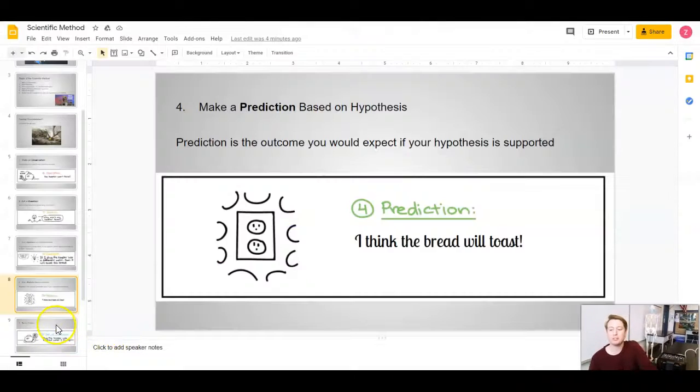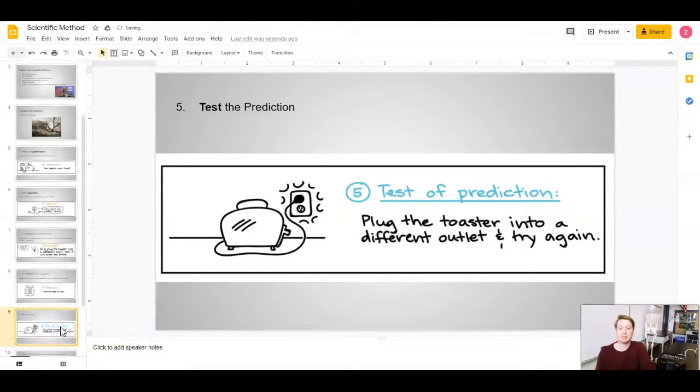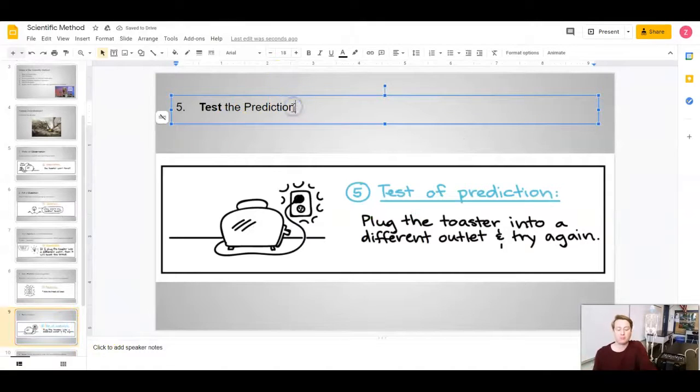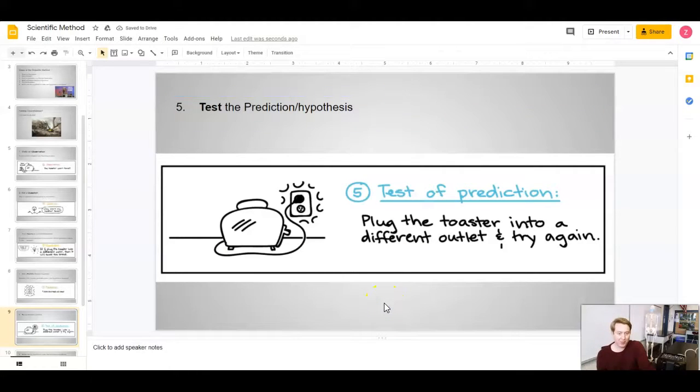So what we just did was we tested the prediction and the hypothesis. I plugged the toaster into a different outlet and I tried again. And look, we have toast now. It toasted, and the first time it didn't on the other outlet.